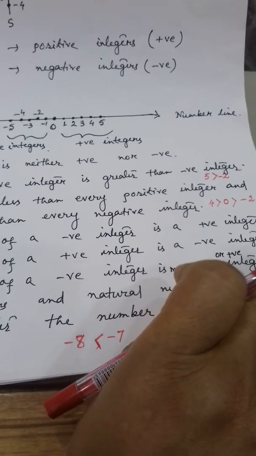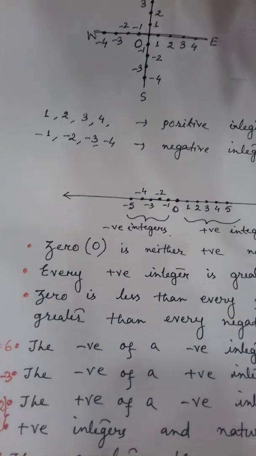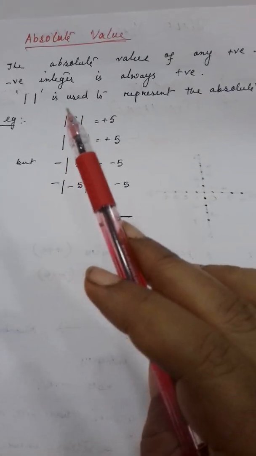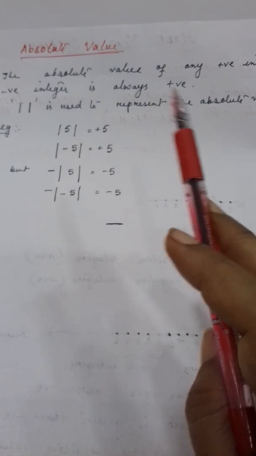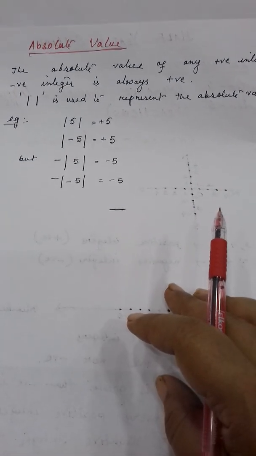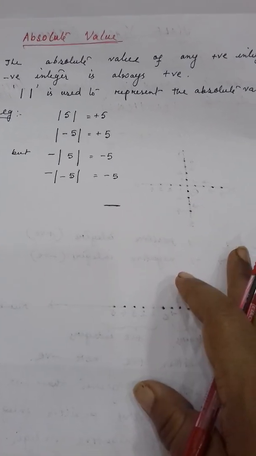And clear, students? So the next concept is absolute value. The absolute value of any positive integer or negative integer is always positive. Absolute value means we consider the value from 0 without regard to any direction.